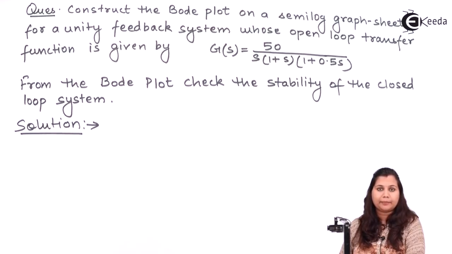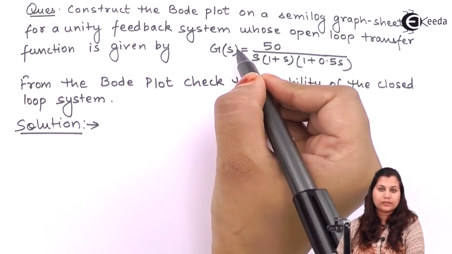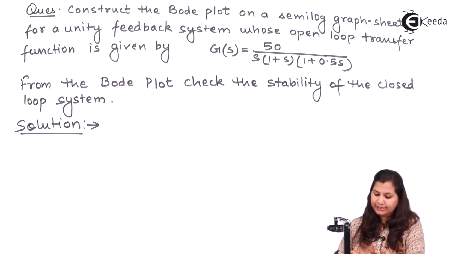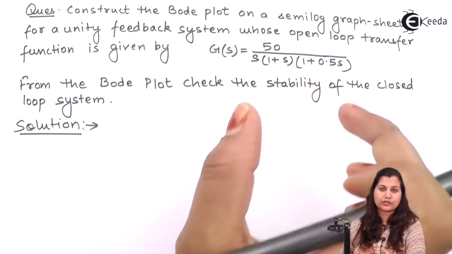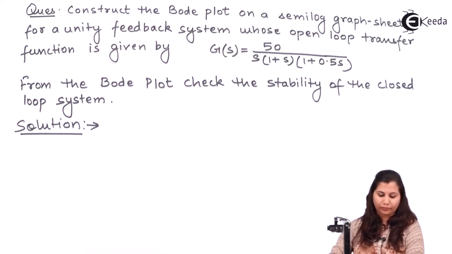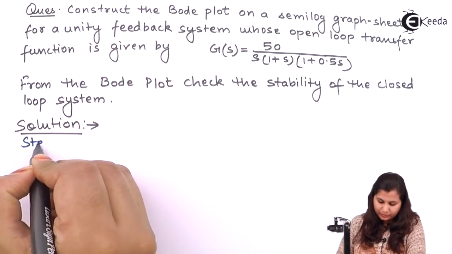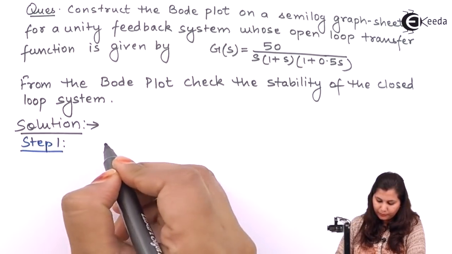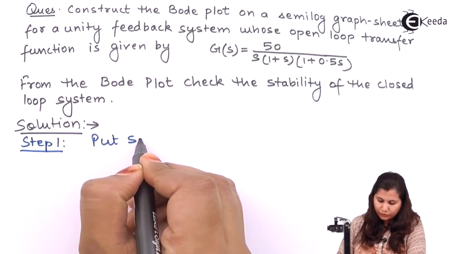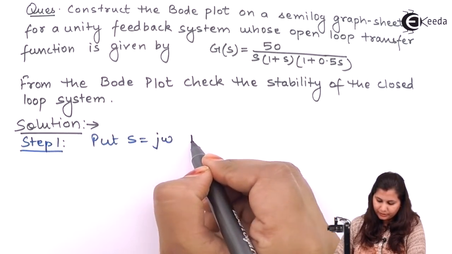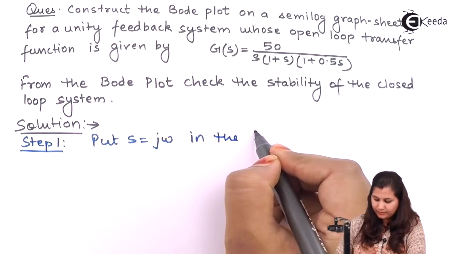So the first step to construct the Bode plot is to put s equals j omega, that is, convert this transfer function into the frequency domain. So step number 1 is to put s equals j omega in the transfer function.